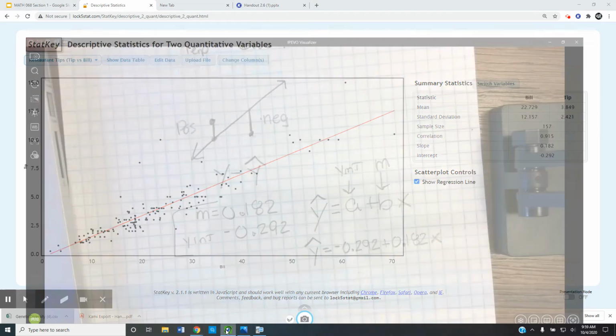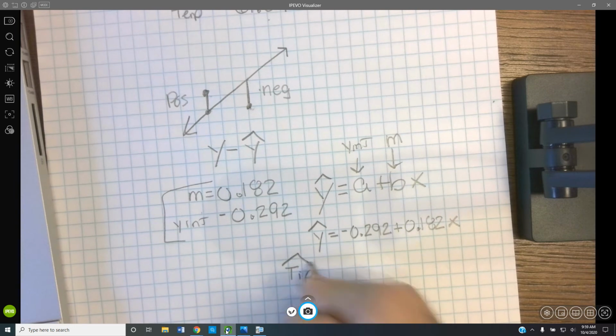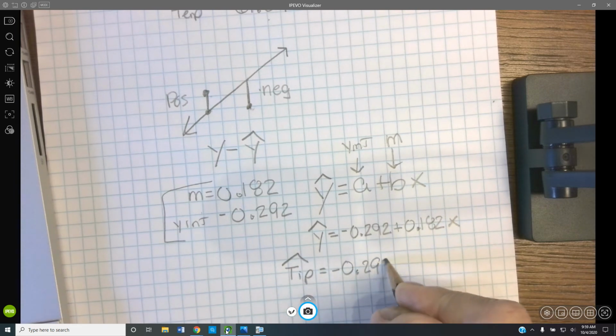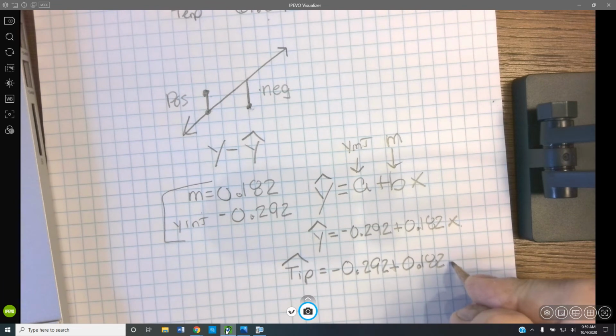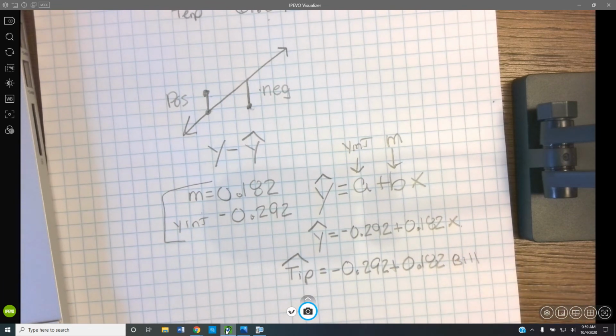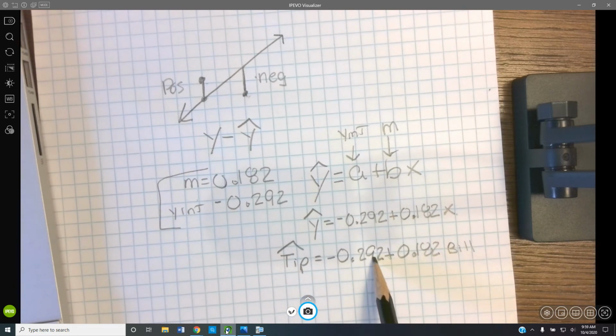The tip prediction is equal to negative 0.292 plus a slope of 0.182, not times every x, but times how much the bill actually costs. The prediction of a tip will be equal to the starting value plus the slope multiplied by the amount of the bill.